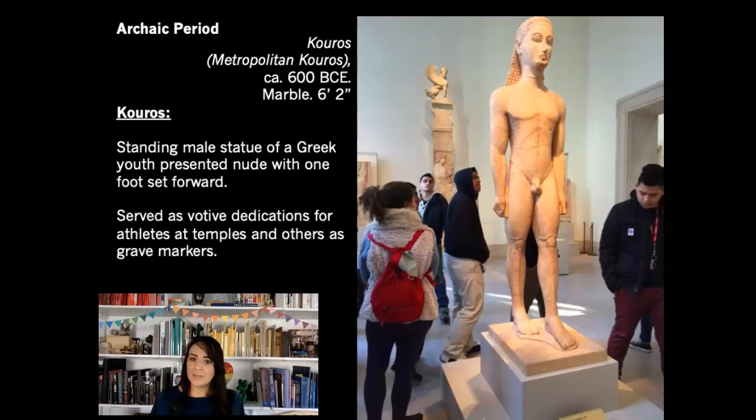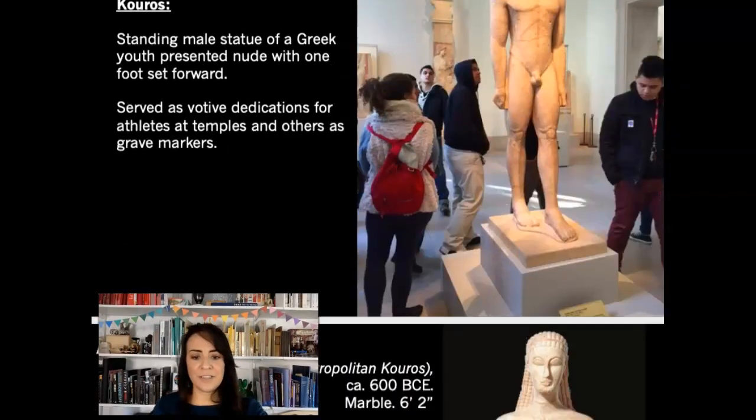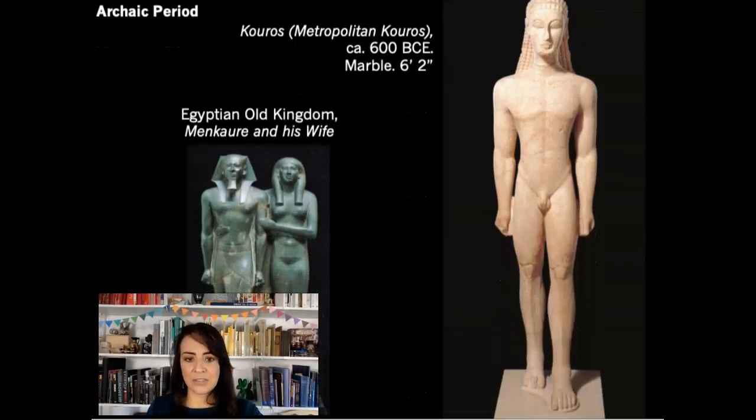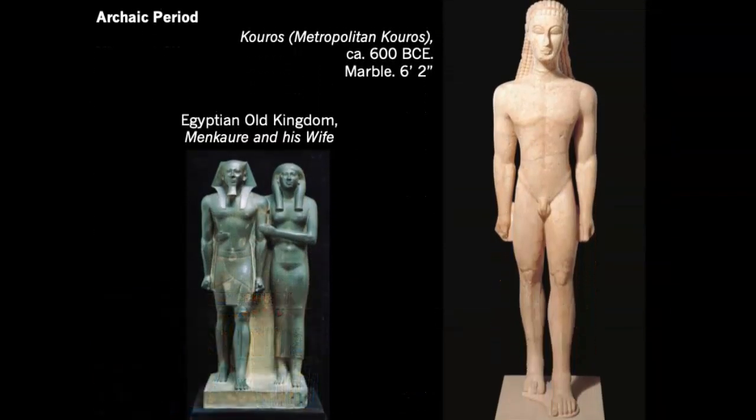This looks remarkably similar to the kind of figures we saw in the ancient Egyptian world, right? Like Menkaure and his wife. Well, that makes sense now because we know that they were heavily influenced by ancient Egyptian art.